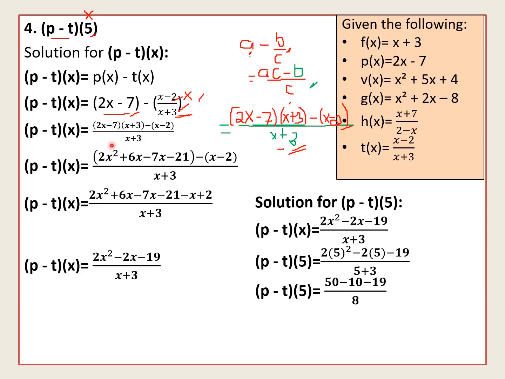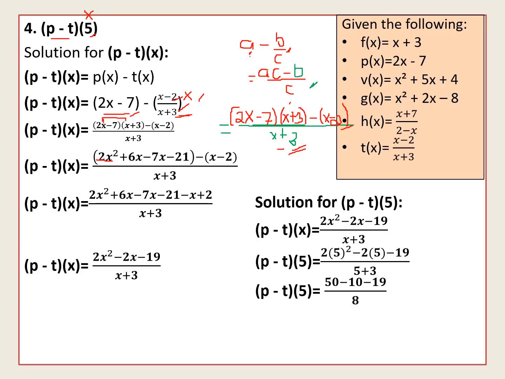Kasi, isi-simplify natin ito. Simplify muna natin si numerator. Okay? So, unahin natin si FOIL, then after that, sa second term tayo dito. Okay? So, bale ito would be the answer. Paano po nakuha yan? Ayan. So, 2 times x, it would be what? 2x squared, right?